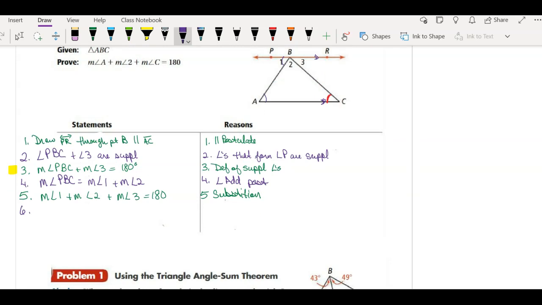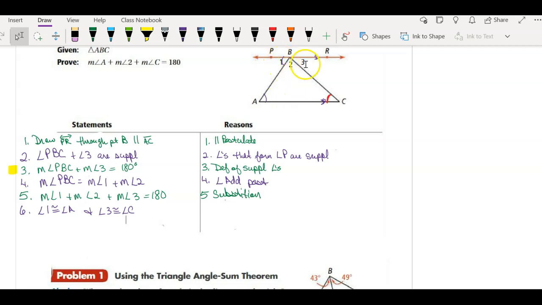Okay, so now let's see, what can we do? I need to do some work with A and C. I am going to say that angle 1 is congruent to angle A, and angle 3 is congruent to angle C. So that's what we talked about earlier.